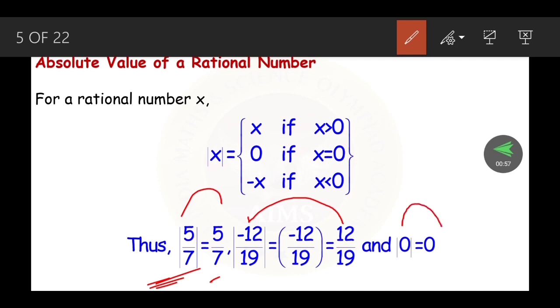So, like integers, it behaves like the absolute value of integers. Regardless of its sign, the absolute value of a rational number is written as modulus of x.